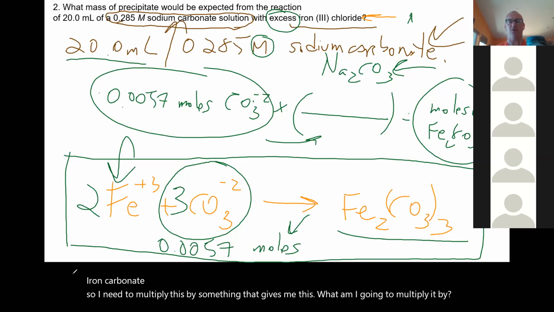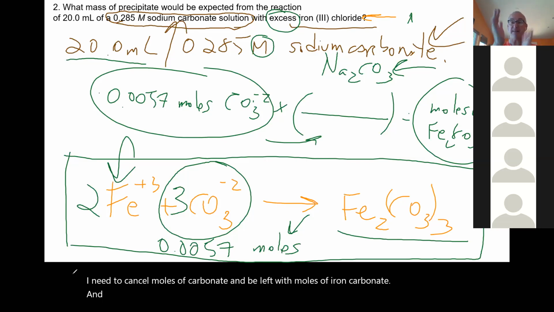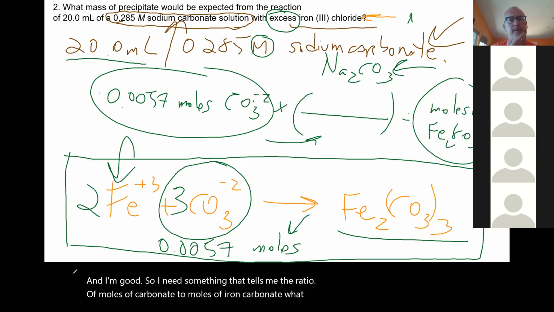I need to cancel moles of carbonate and be left with moles of iron carbonate. So I need something that tells me the ratio of moles of carbonate to moles of iron carbonate. What is that ratio?